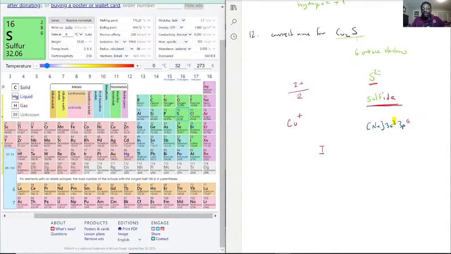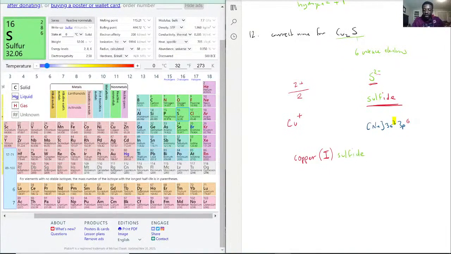Roman numeral 1. If it gave up 2 electrons, it would have the Roman numeral for 2 right there. That's what you put in the parentheses. So for this, you would still write out the name copper, then in parentheses the Roman numeral for 1, and then you would add the name sulfide.